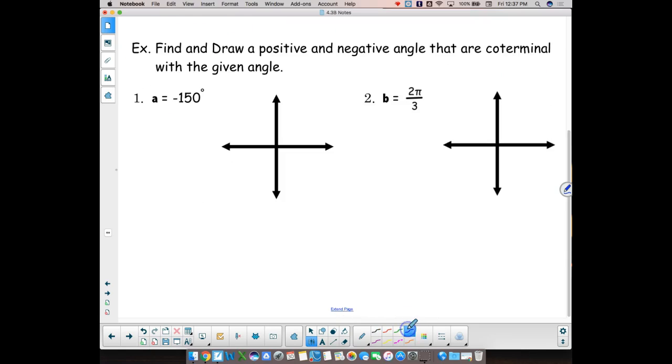I got negative 150 degrees being down here.